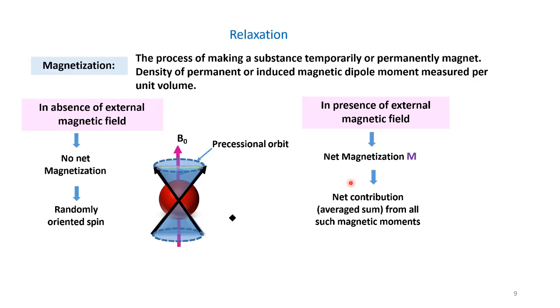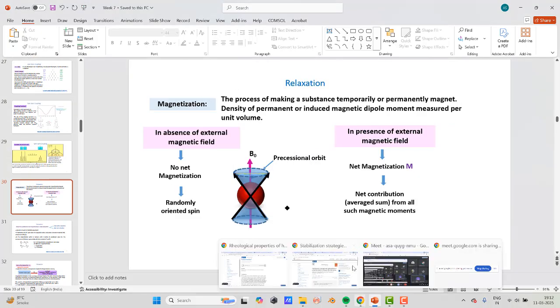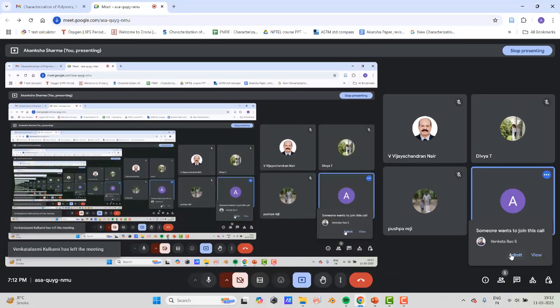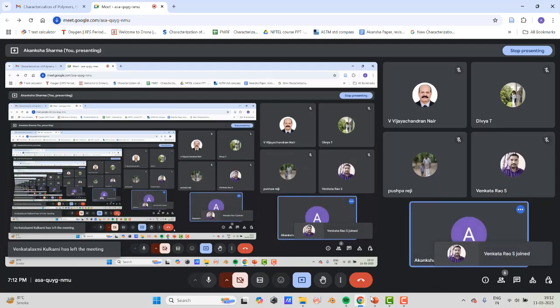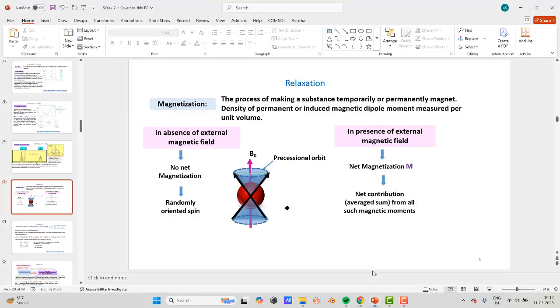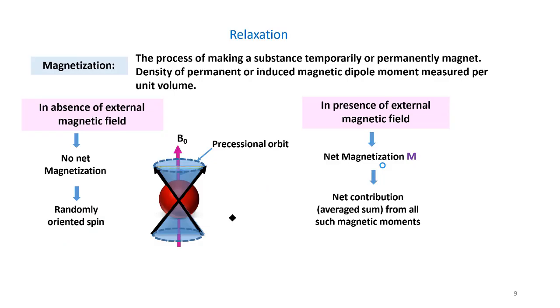But when we apply the magnetic field, we get a net magnetization. That is the contribution of all the magnetic moments present in the nuclei. So the net magnetization M is what we get for our material.